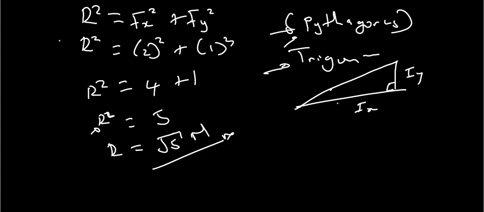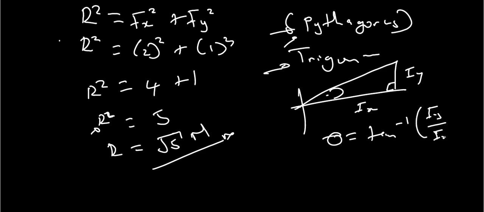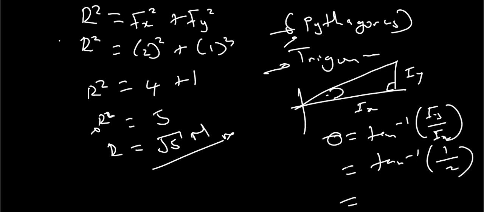We can find the angle of our reaction. Theta equals tan inverse of Fy over Fx. Fy was 1 and Fx was 2, so that's 0.5.